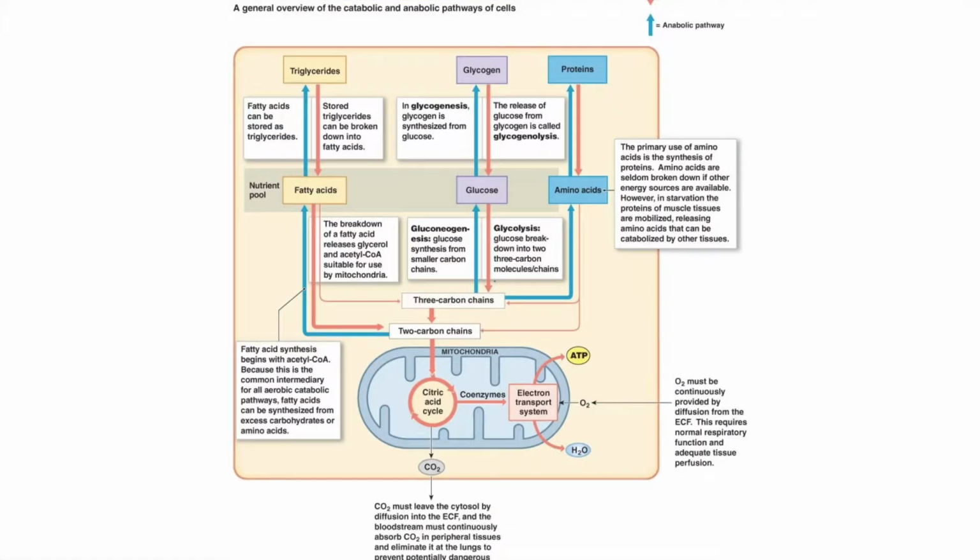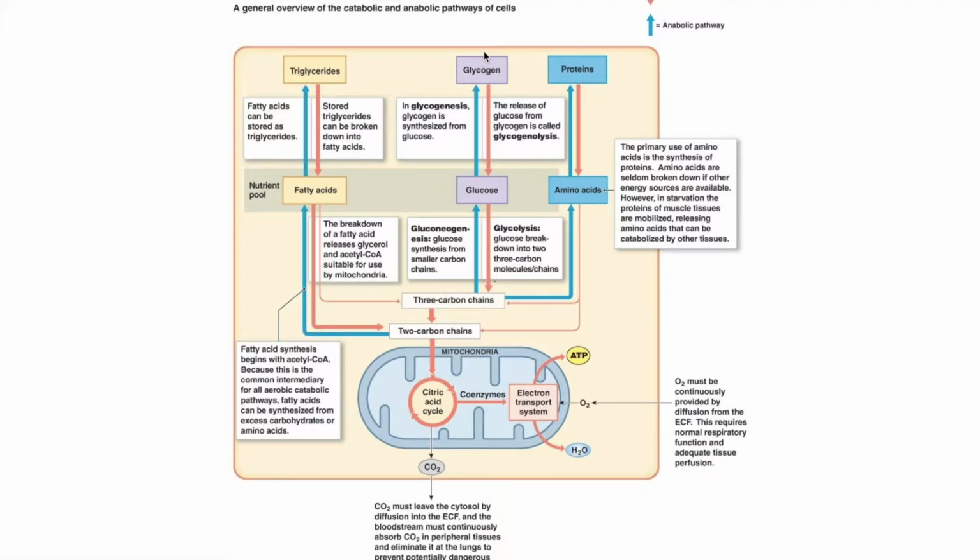And cells contain enzymes which can convert one nutrient into whatever type the cell needs. So some of the basic nutrients are the fatty acids, the glucose, and the amino acids. So fatty acids can be stored as triglycerides, or they can be broken down into 2 carbon chains and sent to the citric acid cycle, and they're broken down for energy.